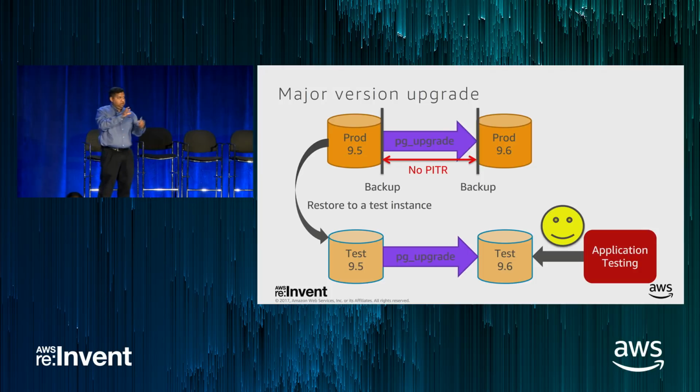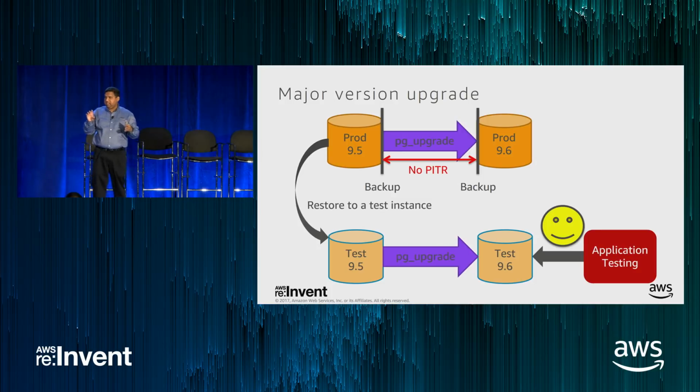Now, mind you, during the period when you're doing pg_upgrade, you do not have point-in-time recovery. So if something goes wrong during that time, the only option you have is to restore from the snapshot that was taken just before the pg_upgrade, right?